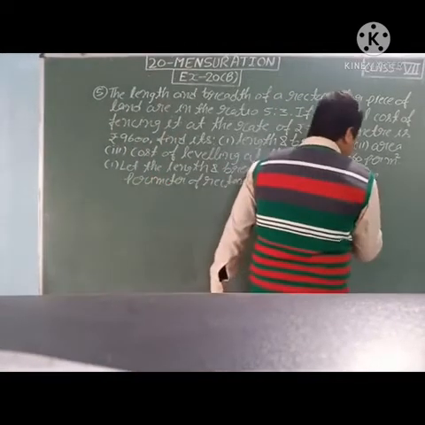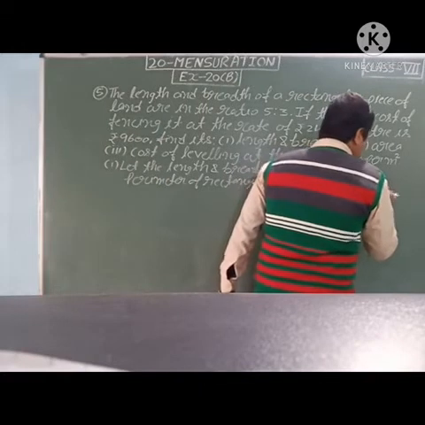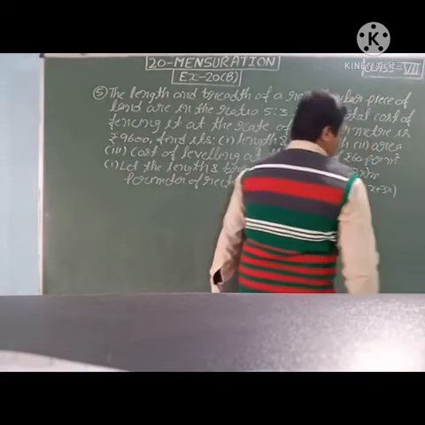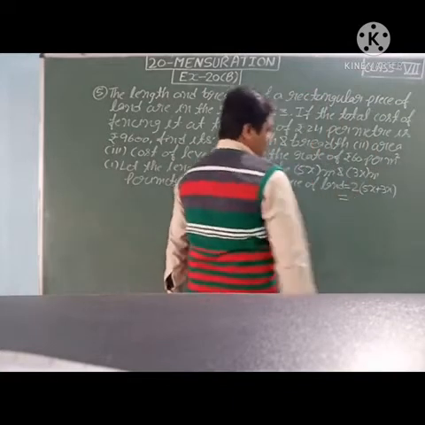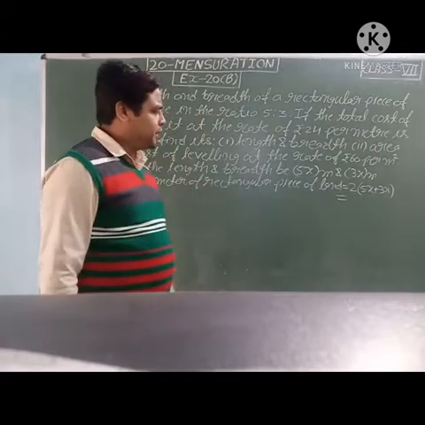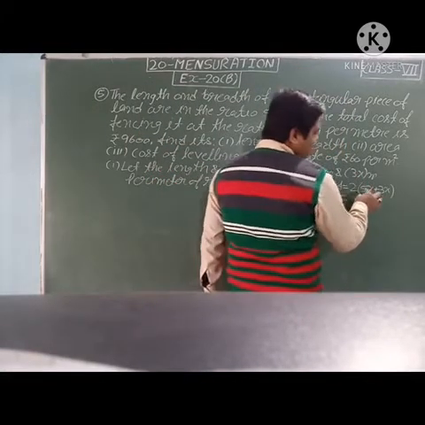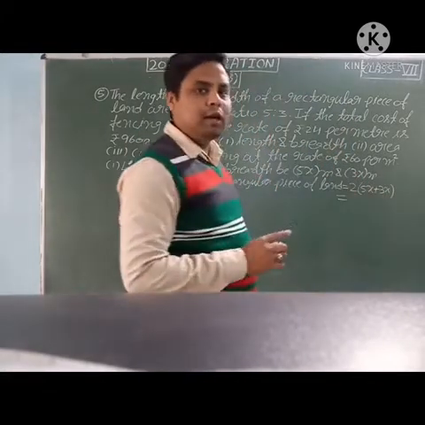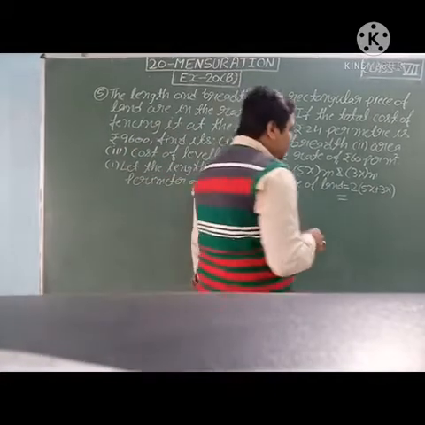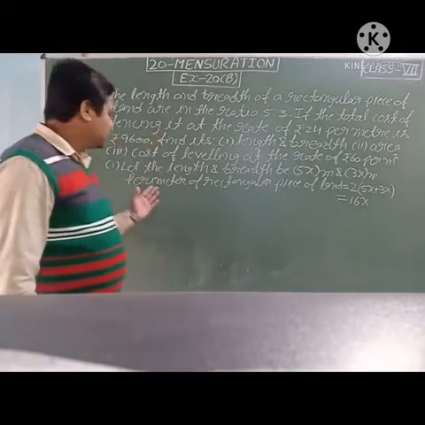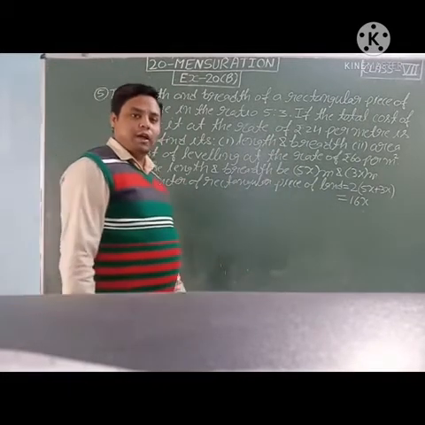So 2 times (length 5x plus breadth 3x). Here we will not use the unit. So it will come 2 multiply 8x, which we can directly write as 16x. So the perimeter is coming 16x.